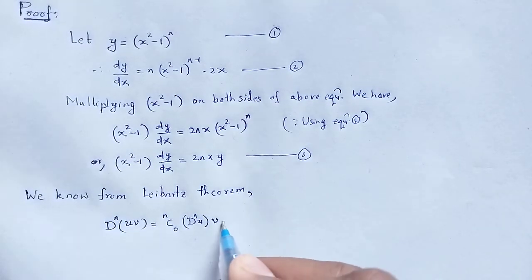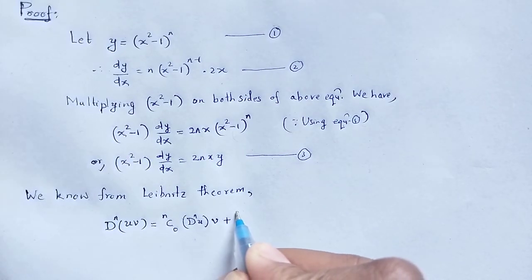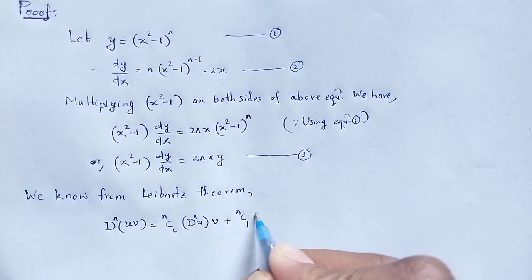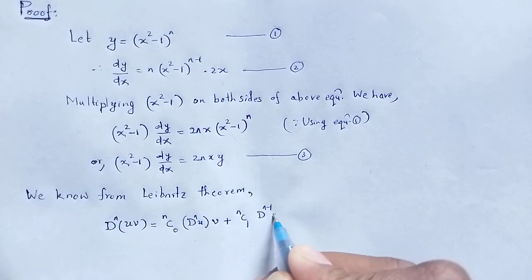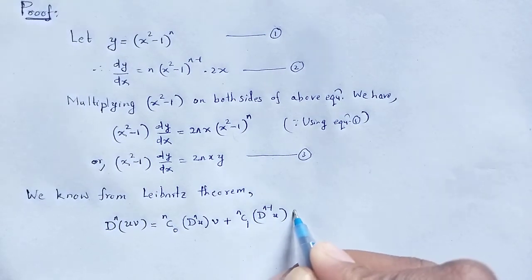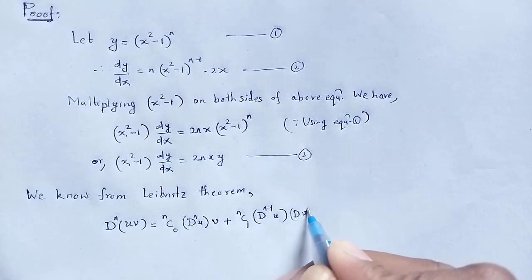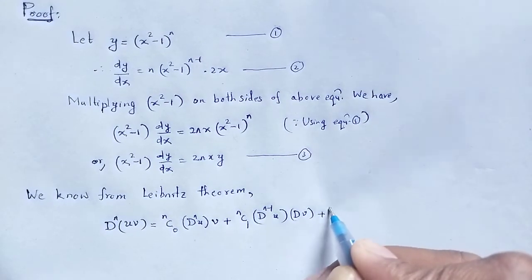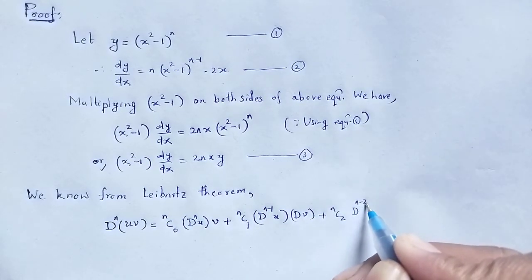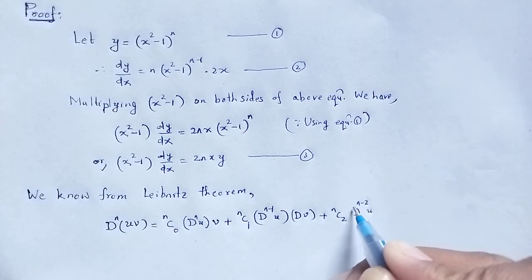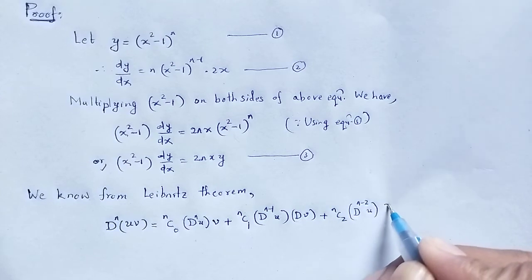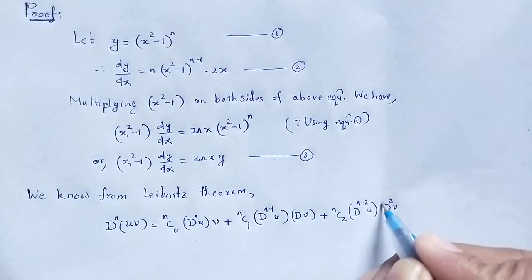The series continues: plus nc1, the n minus 1th derivative of u and the first order differentiation of v, that is dv, plus nc2, the n minus 2th differentiation of u and the second order differentiation of v, that is d2v.